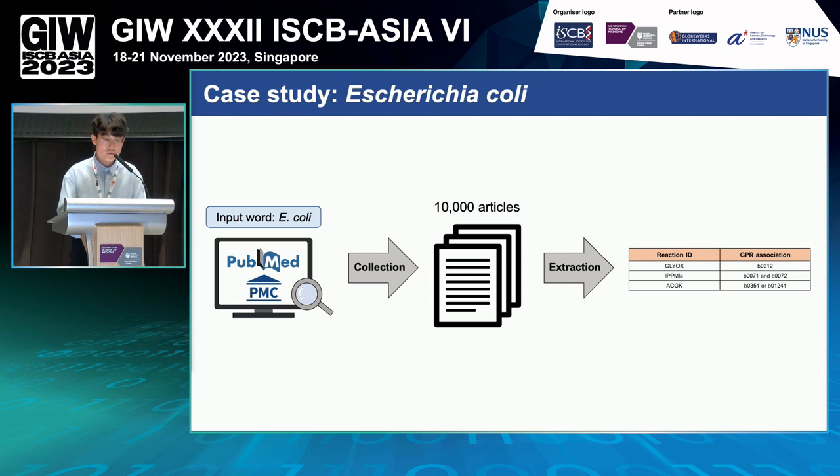After training the models, we conducted a case study to construct the GPR associations of E. coli by retrieving 10,000 articles from published papers, and we collected the whole GPR associations from the articles.